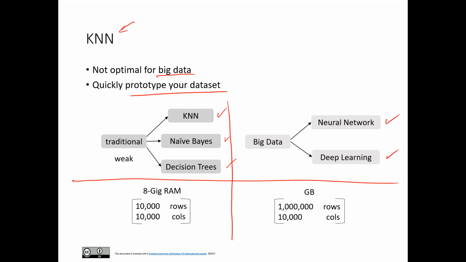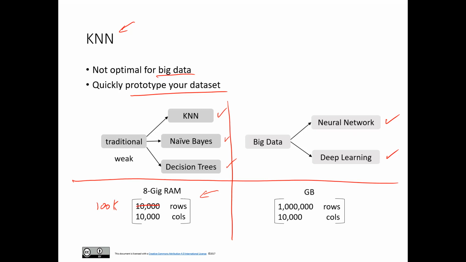You can see here an example of a matrix that could be handled by KNN: 10,000 rows, I would say even 100,000 rows, and 10,000 columns. That type of matrix would be fine.